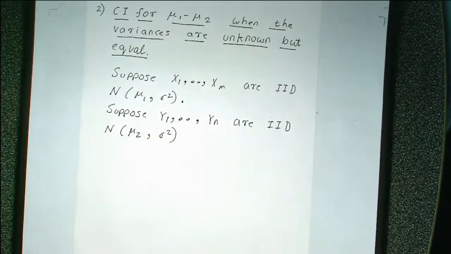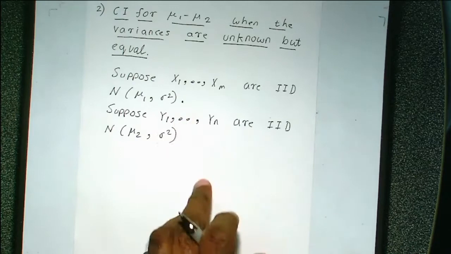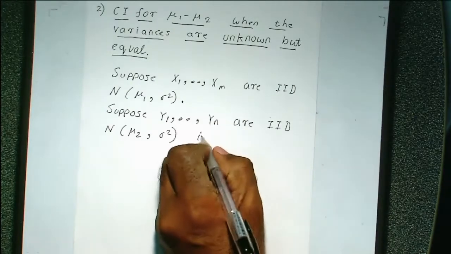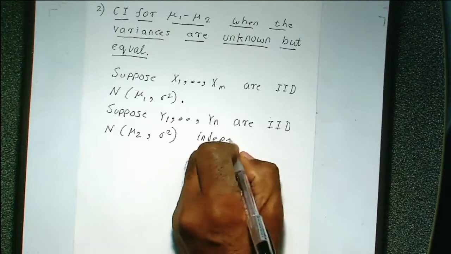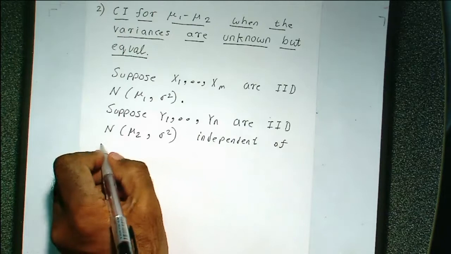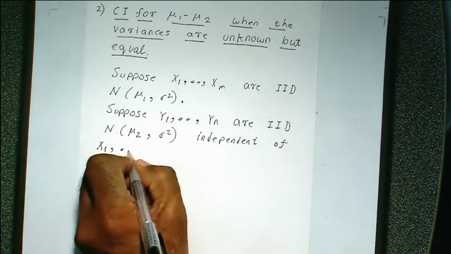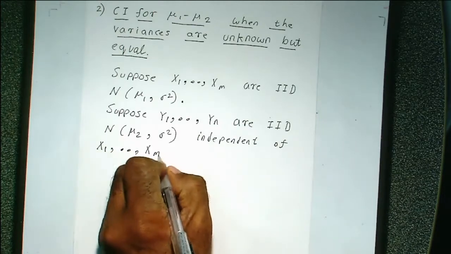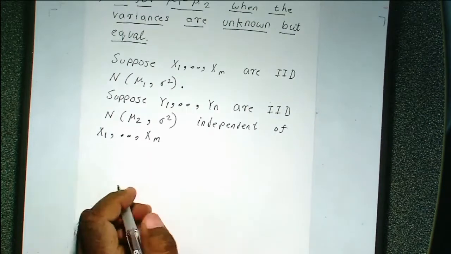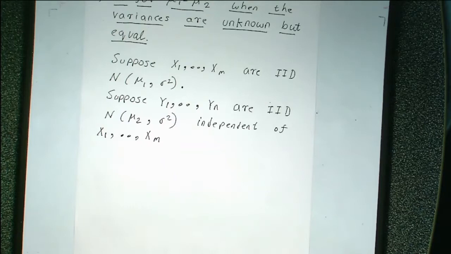You see, we are assuming that the variance sigma squared is the same between the two populations, right? So in this case, now I'm going to show you how to construct a confidence interval for mu1 minus mu2, right? This is where what we learned before comes in.